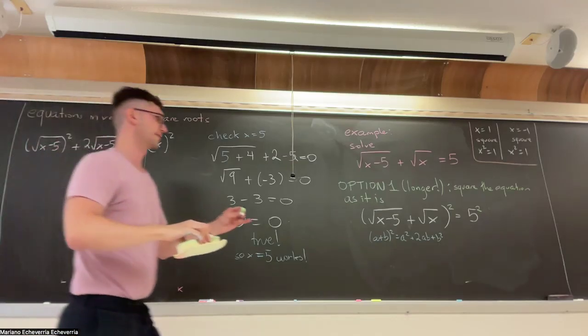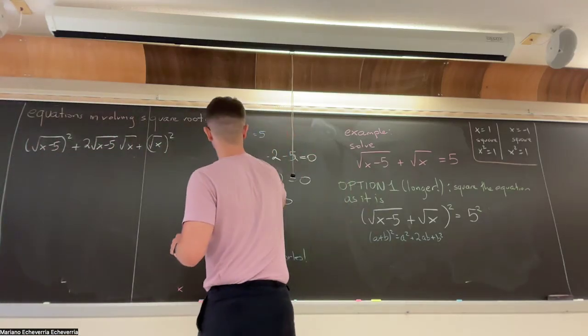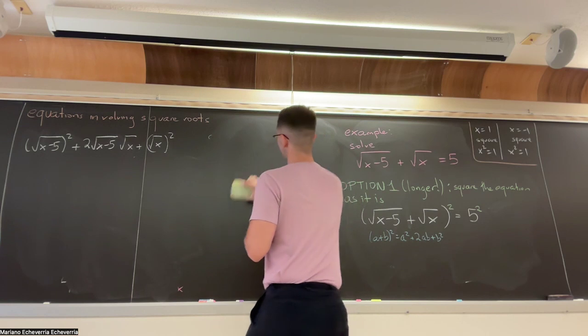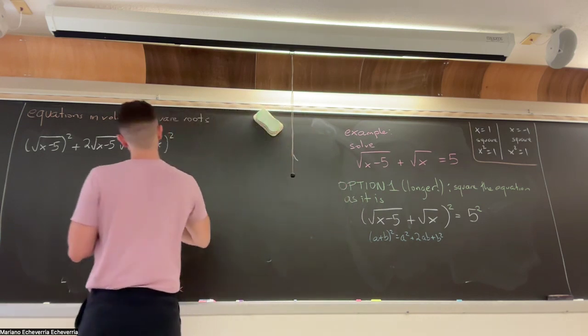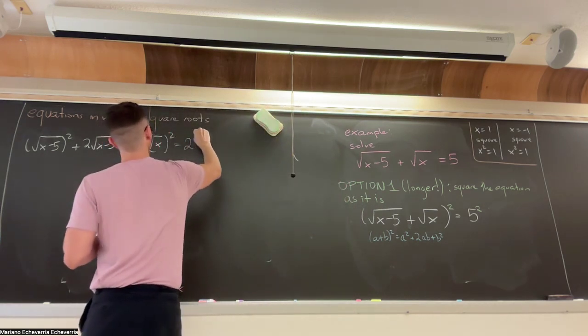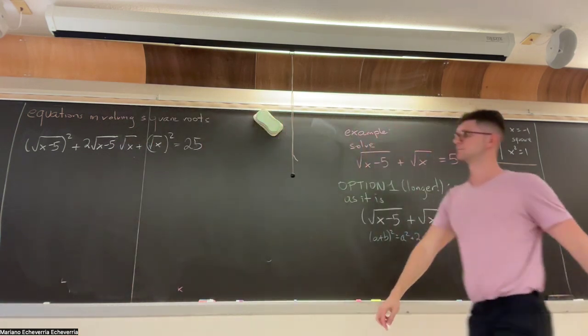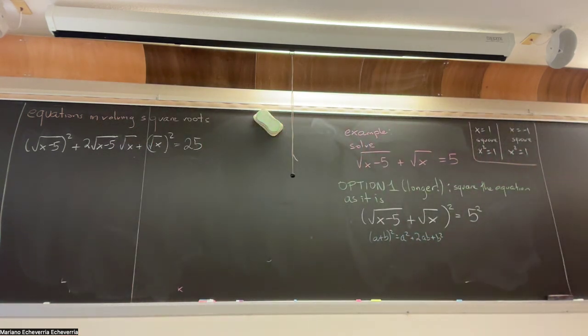And that's supposed to be 5 squared, which is 25. So that is what the left-hand side is. Of course, it can be simplified still, but I'm just showing you what's happening here.